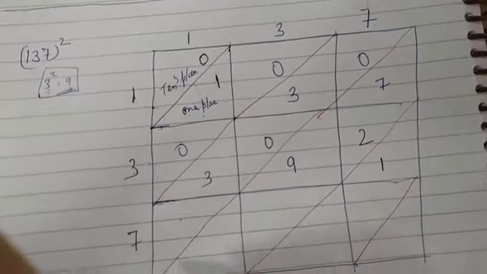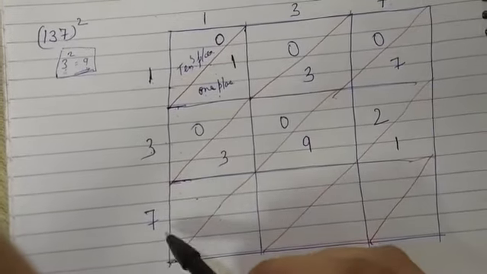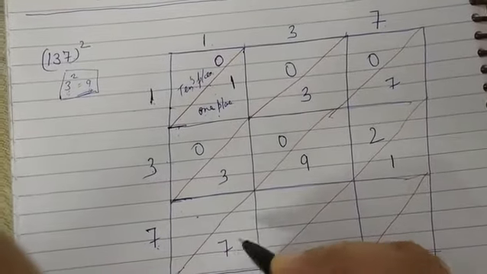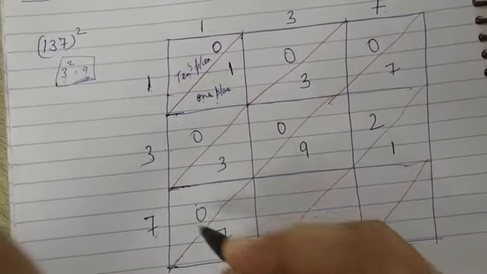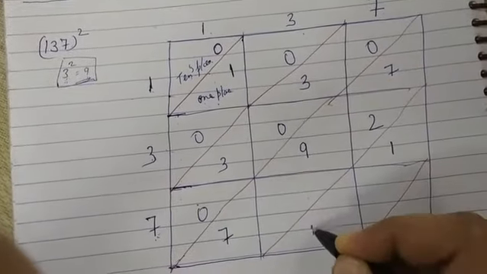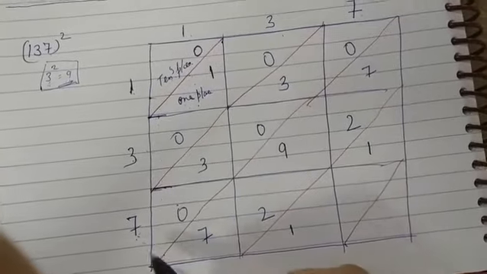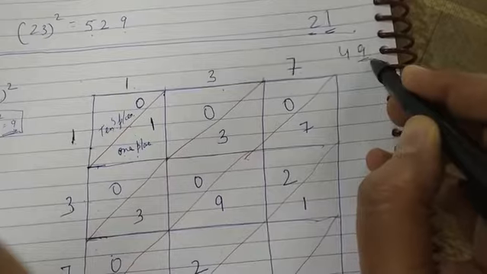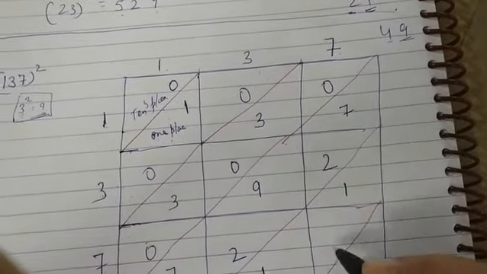Now the third number is 7. 7 ones are 7. Only a single digit is there, so it goes in the ones place and the tens place will be 0. 7 threes are 21. Now 7 sevens are 49. So 9 in the ones place and 4 in the tens place.